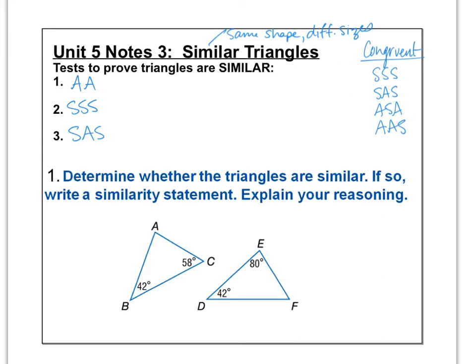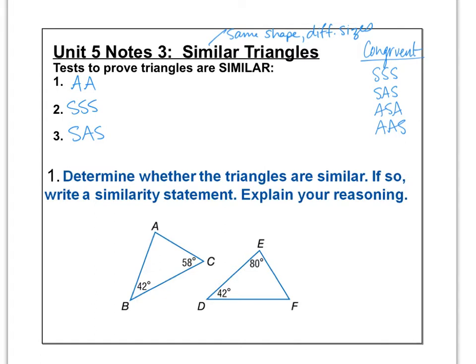If you have one of those 3, you will have enough information to know your triangles are similar, meaning the same shape, but they might be different sizes. The angles have to be congruent, but the sides have to be proportional. Let's do some examples and I think you'll see what I mean.